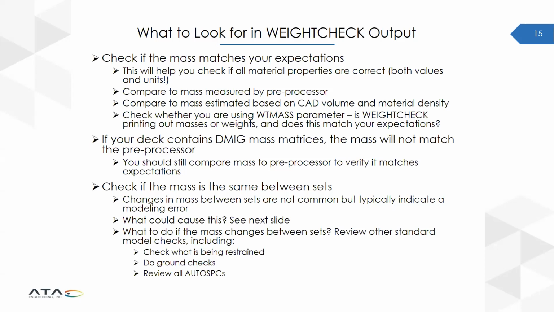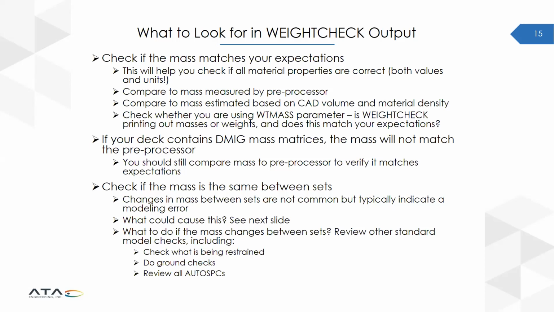And just a note about this weight mass parameter. If you're using the weight mass parameter, it's good to understand what exactly it does. It can be a little tricky. I guess it's easier to just not use it, but if you are using it, make sure you understand what it does and make sure you know whether you're printing out masses or weights.